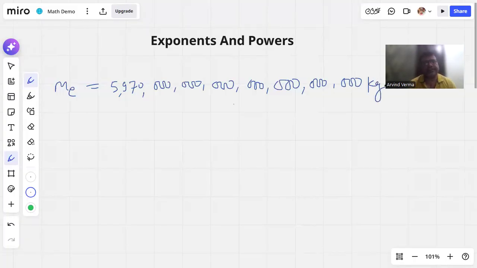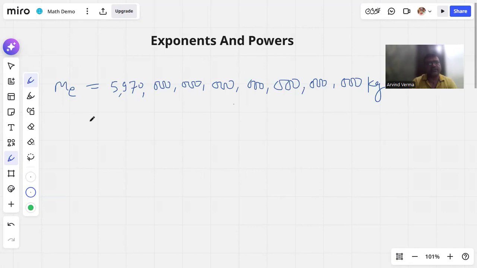Can you read it? It is difficult to read also. It is difficult to compare with the mass of another thing, like mass of Earth and mass of Sun. If we want to compare these two things, how will you cater these numbers? It's so difficult because it's a very large number.